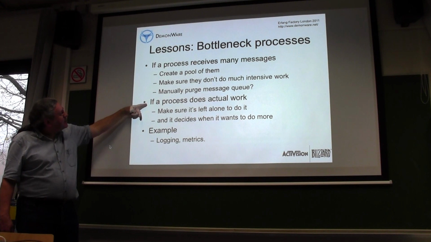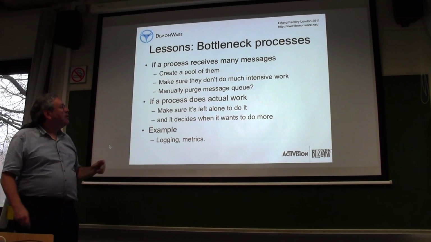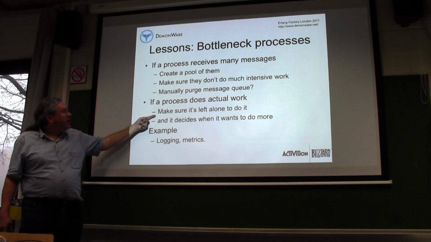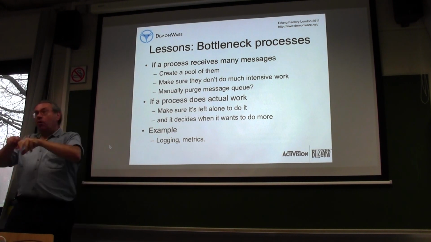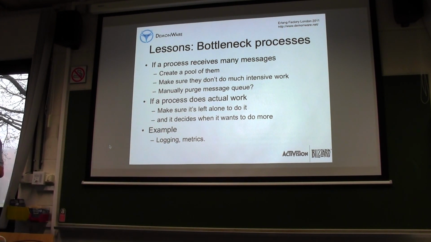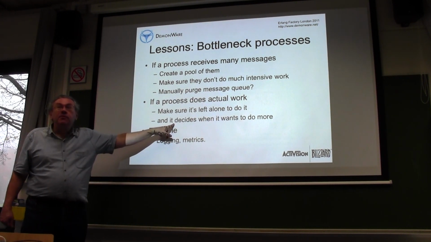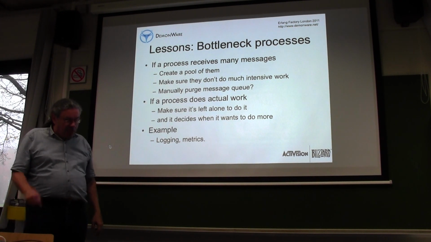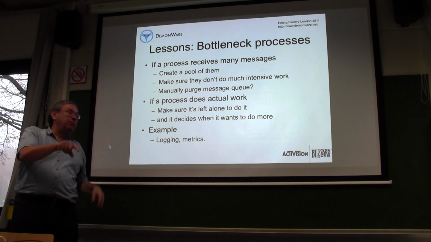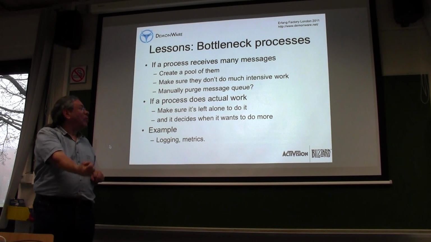The second one, some processes do real work. They actually have to do work. Well, when it's doing work, leave it alone. Don't send messages to processes that are doing work. Seems very simple, okay? And also, it decides when it wants to do more. Don't overload somebody with work, but when the process is finished, it asks for more work.